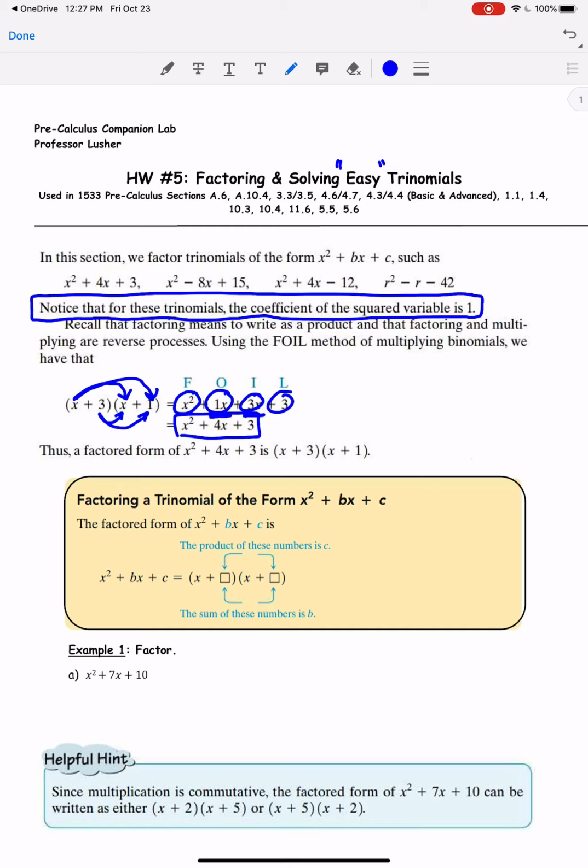What we are doing now is starting at this form here and going backwards to its factored form. So we are unfoiling, if you will.